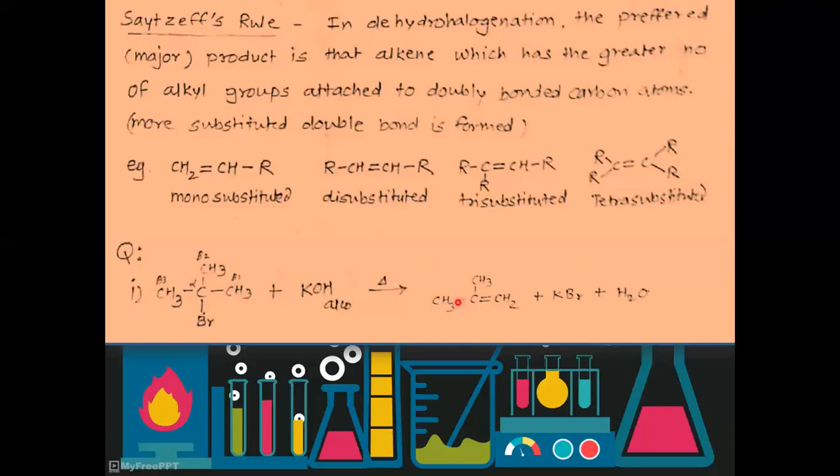If the double bond is formed here, from this beta carbon hydrogen is removed and from the alpha carbon bromine is eliminated, then the compound is the same.